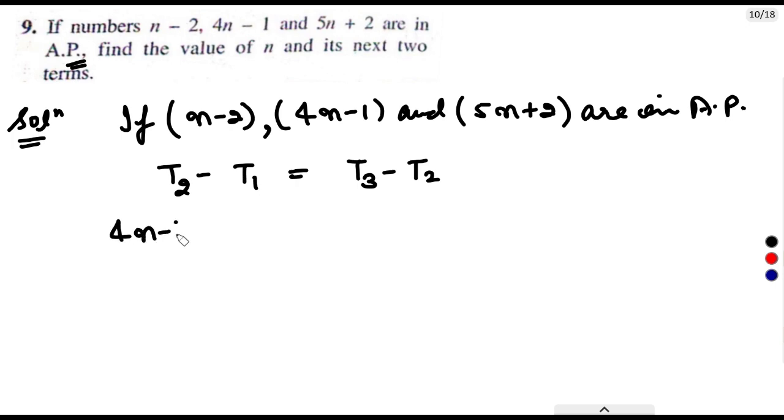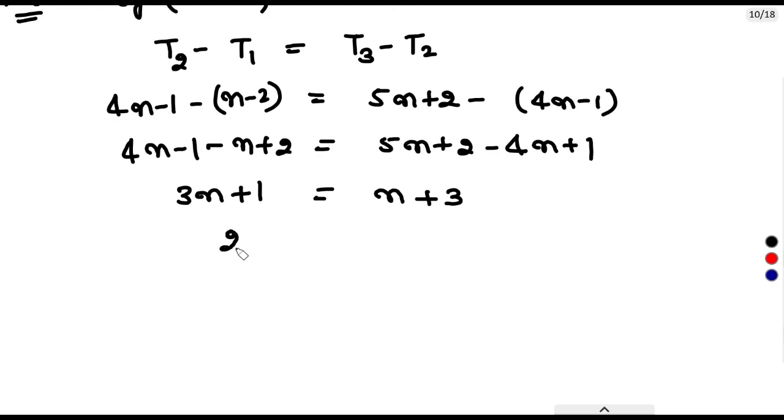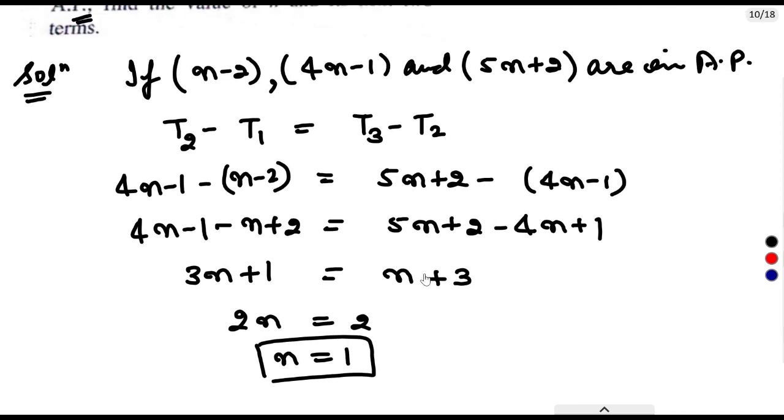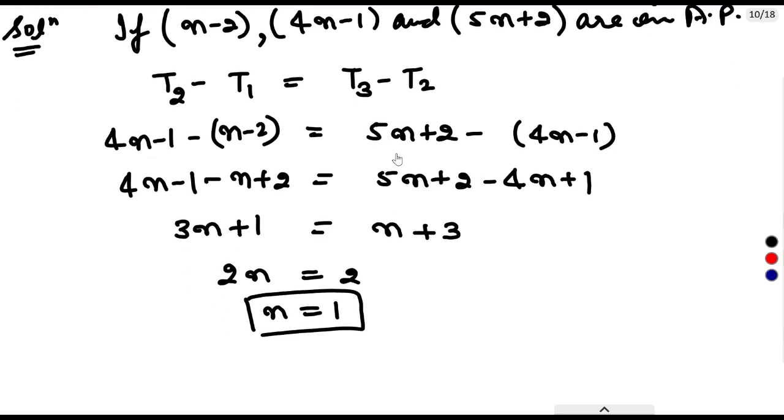Then 4n minus 1 minus (n minus 2) will be equal to 5n plus 2 minus (4n minus 1). N is equal to 1. Its next two terms also.